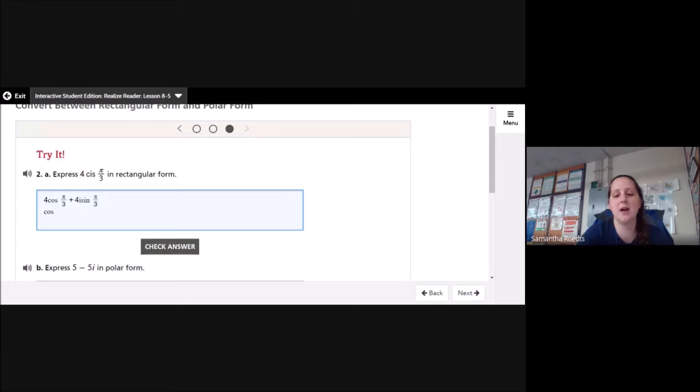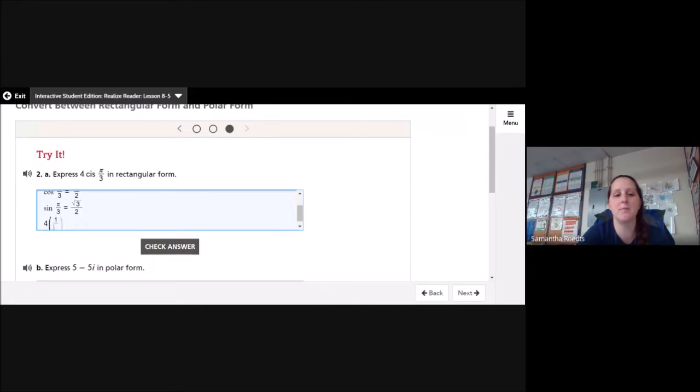So cosine of pi over 3 equals 1/2. The sine of pi over 3 equals the square root of 3 over 2. So then I'm going to multiply each of those answers times 4.